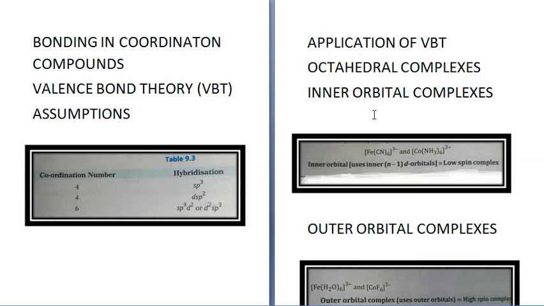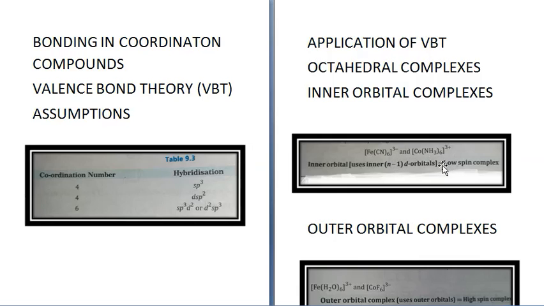In this type of complex, there are lesser number of unpaired electrons or no unpaired electrons because electrons of the metal are forced to pair up. Such a complex is also called as low spin complex. Example of such complexes: Fe(CN)6 3- and Co(NH3)6 3+.